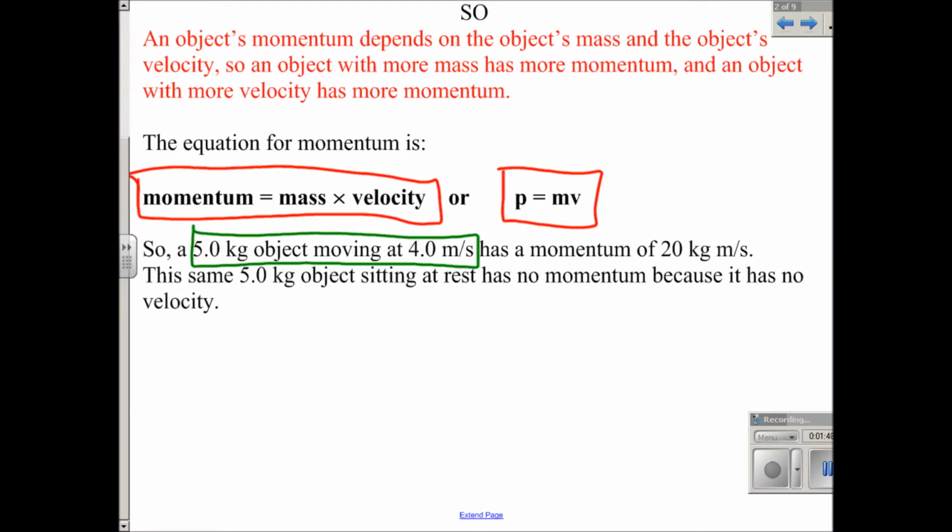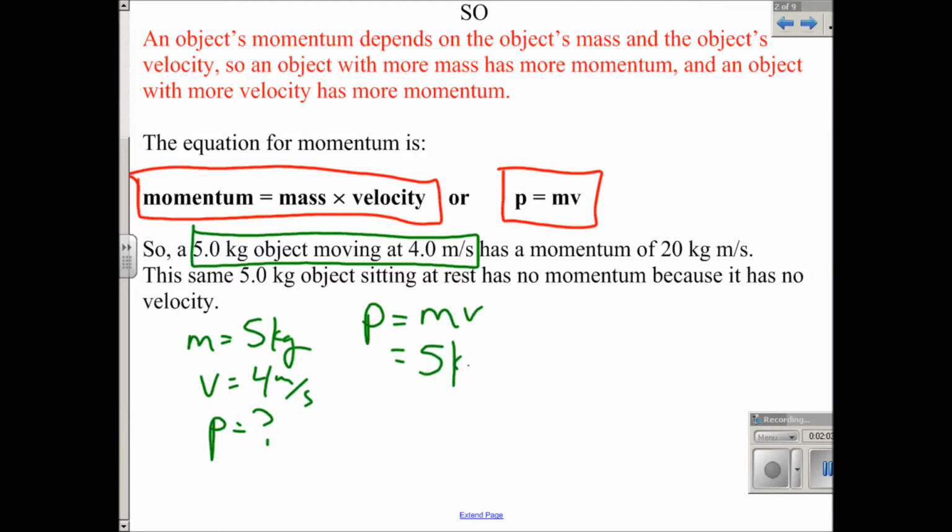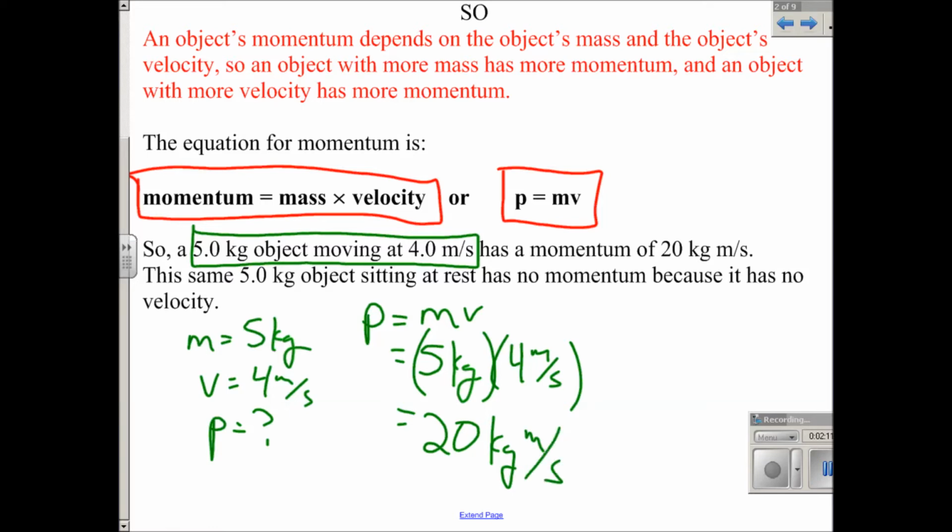What you would do is start by writing down what you know. We know the mass of the object is 5 kilograms. We know the velocity is 4 meters a second. We're looking for momentum, right? So momentum is mass times velocity. Plug in your numbers, 5 kilograms moving at 4 meters a second, which gives you a momentum of 20 kilogram meters per second.